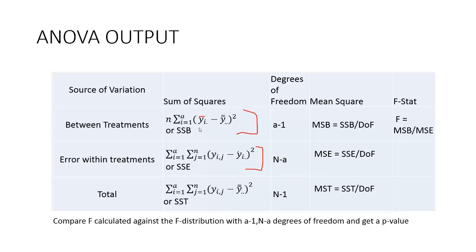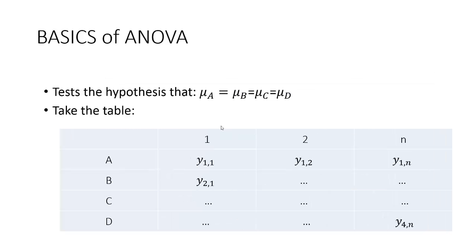Okay, so we'll talk about the terms here, and then I'll come to n and a and so on. Essentially, y bar i dot is nothing but the average of all these terms.